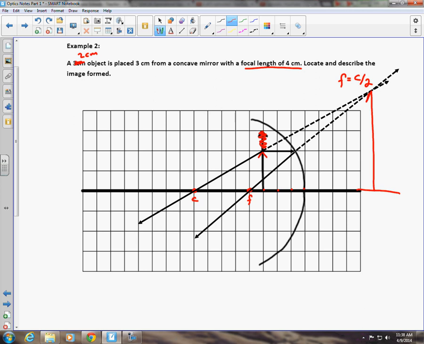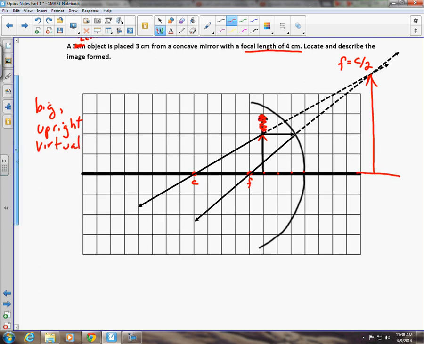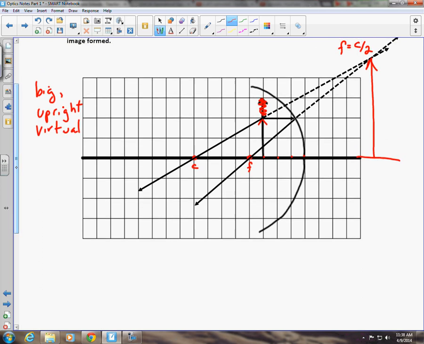So this is an arrow pointing upward. Okay, so now we have a big, upright, and virtual image. So for the math, 1 over DO plus 1 over DI equals 1 over F.